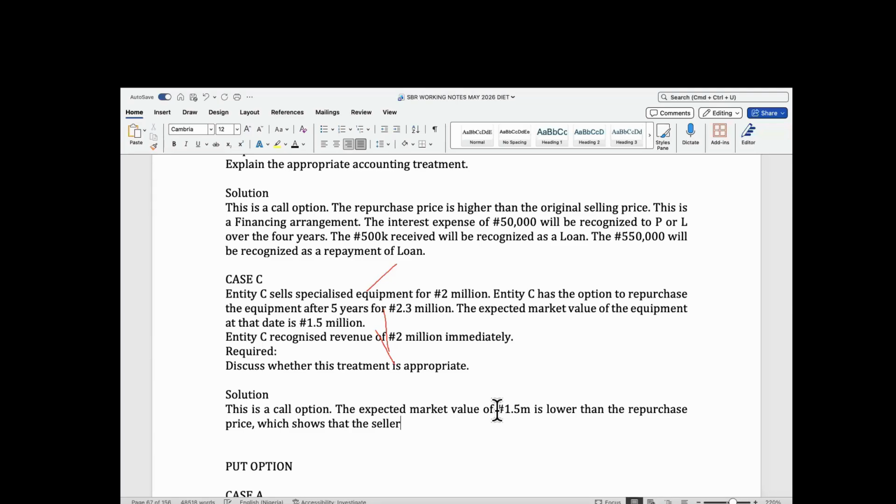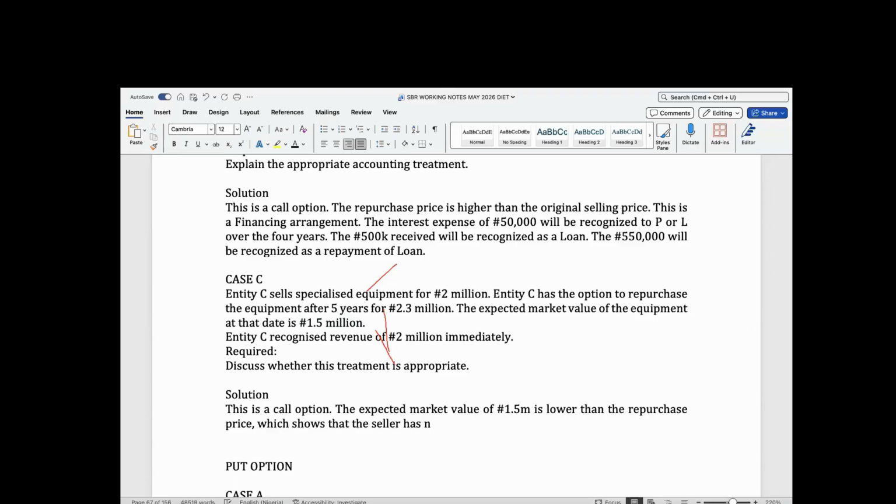The seller will not want to exercise their right to repurchase because they will be paying more to buy the same asset instead of going to the market. That's correct. So why will he want to pay 2.3 million where he can buy the same thing for 1.5? He is not going to exercise that option.